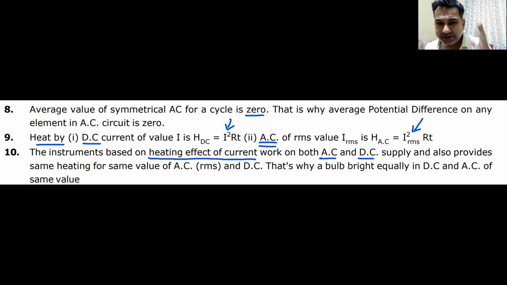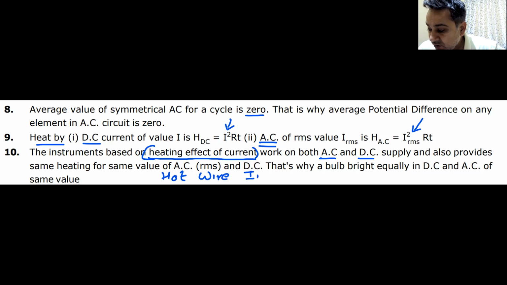A simple DC ammeter does not work on AC because it shows you 0. To measure AC, we use the heating effect of current. Such devices are known as hot wire instruments because they are based on heat.